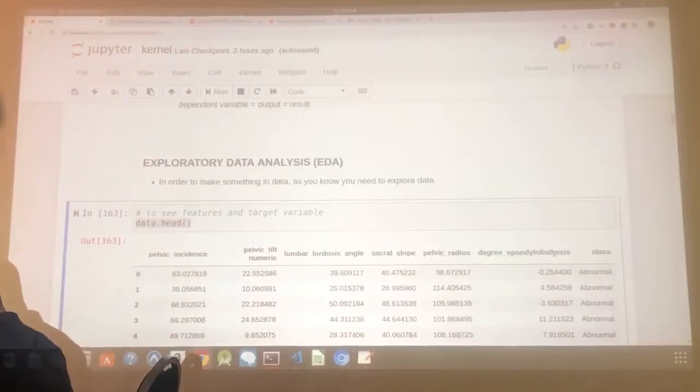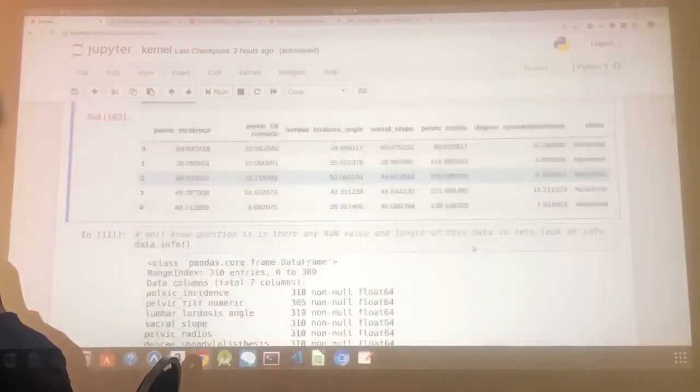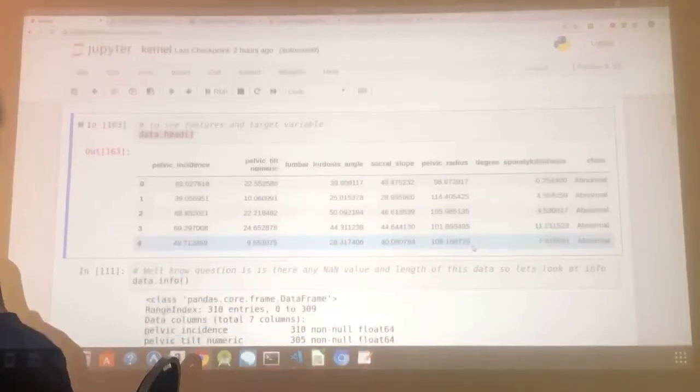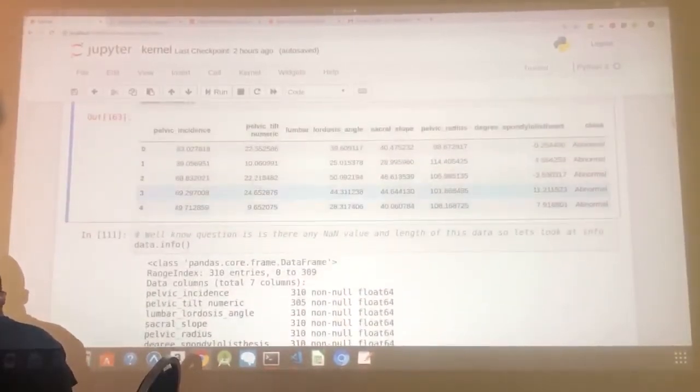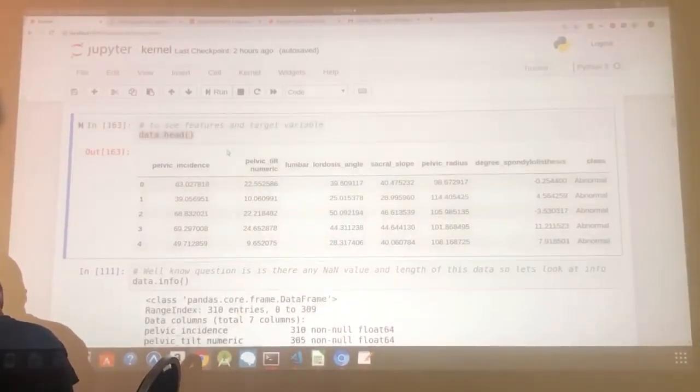So the orthopedic surgeon in this case will be able to predict whether you're normal or abnormal. And if we find that you are abnormal, then we have to find what abnormality you have. Maybe you've got, I don't know, arthritis.